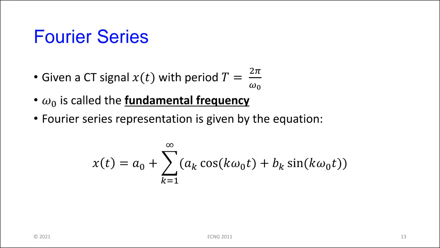So if you put it down mathematically, and you said you did it or you're doing it already in math, the Fourier series representation is basically given by this signal here.